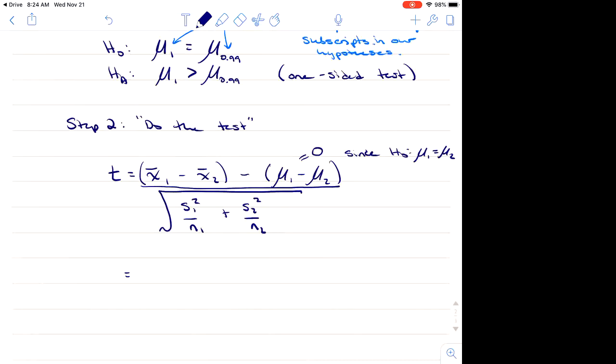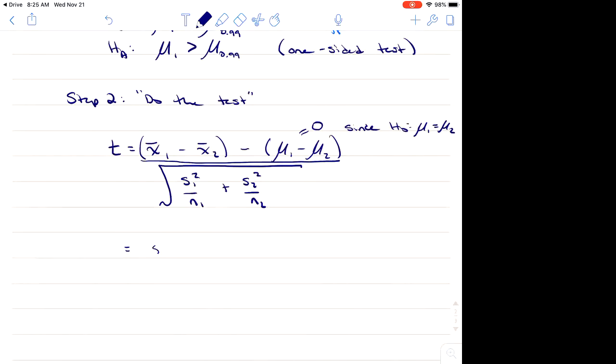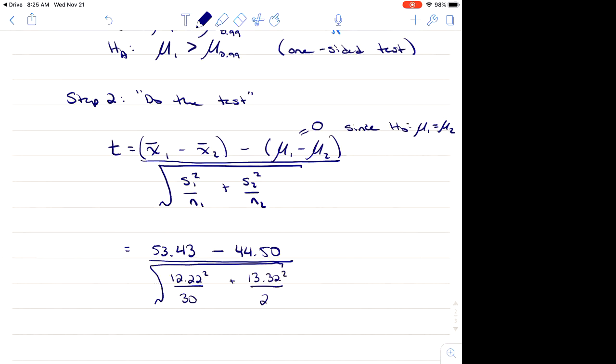All right, so now we can plug these in. I'm saying group 1 is my group 1, so my x bar for that group is 53.43 minus my x bar for my second group, 44.50, over the square root of S1, which is 12.22 squared, over N1, which is 30, plus S2, 13.32 squared over 23.